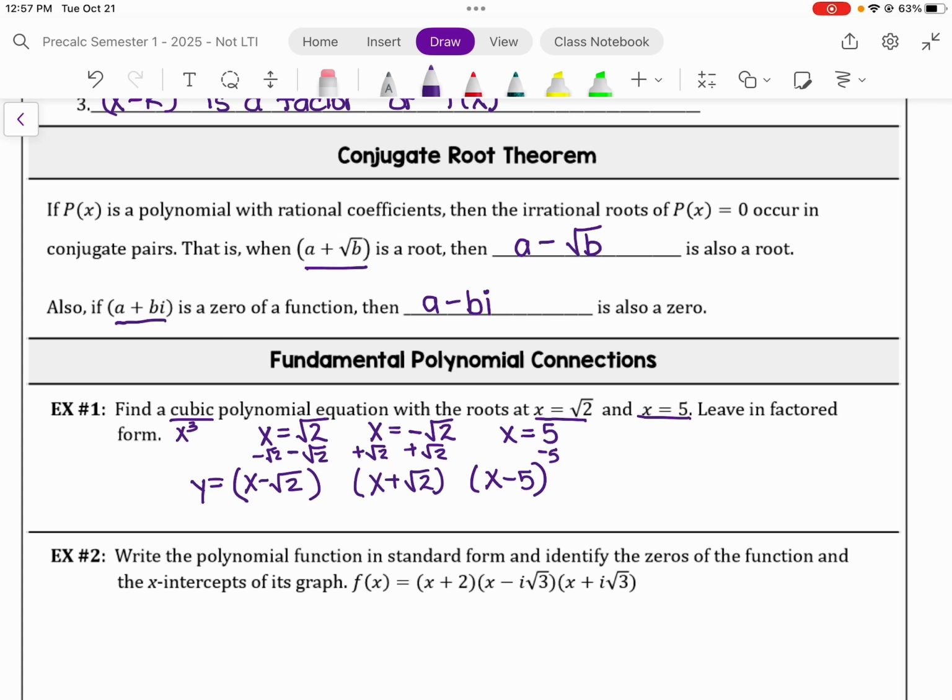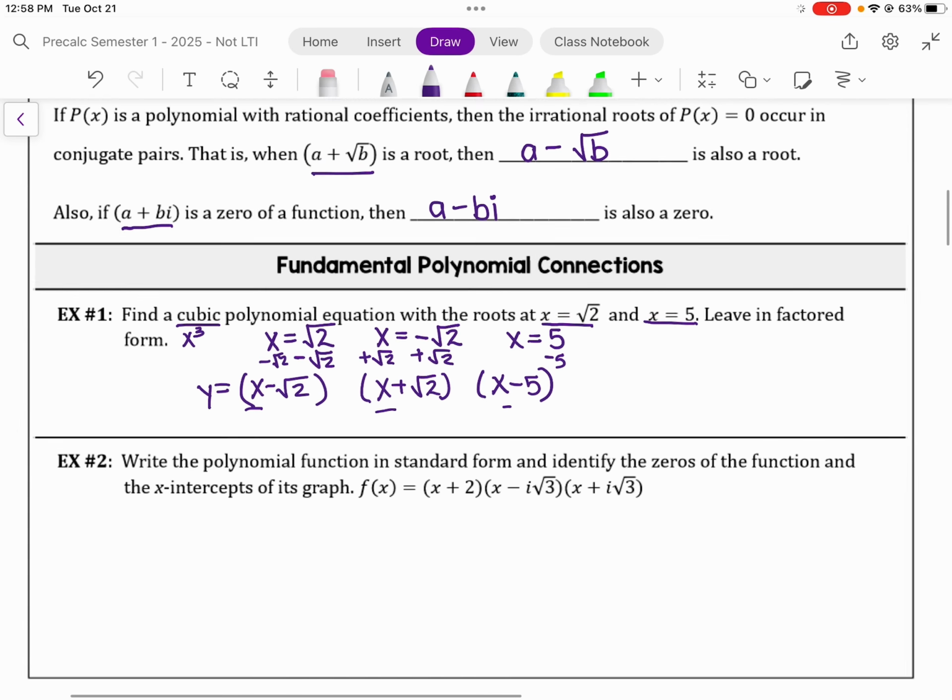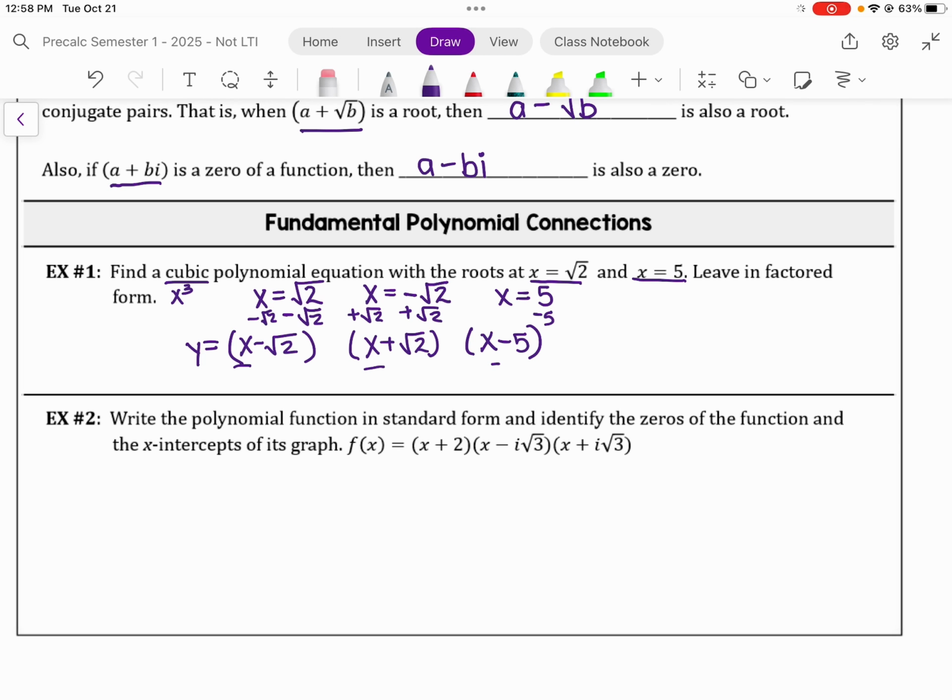This is a cubic polynomial because I have 1, 2, 3 x's to the first power, so that's x cubed. If I wanted to put it in something you've probably seen before, like x cubed plus this minus that, I would just need to multiply all 3 of those together. But since it says leave in factored form, we're going to be finished there. Yay. And let's do one more together before I close out this video.